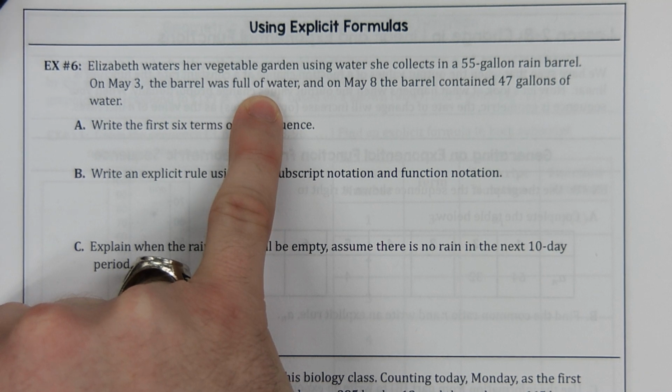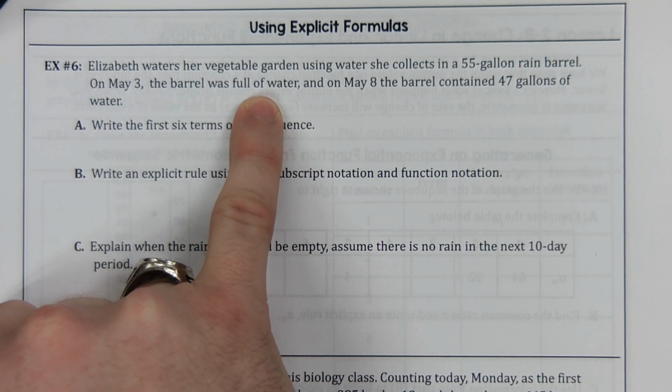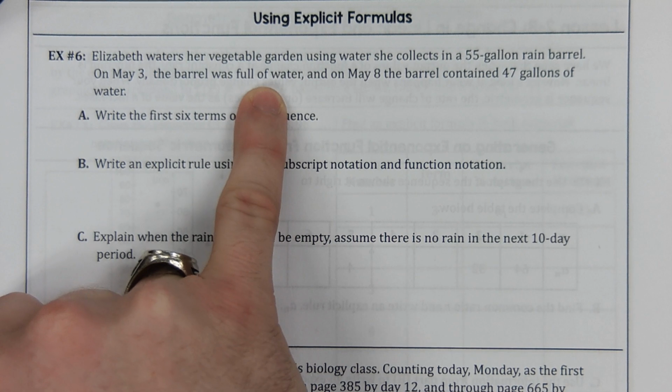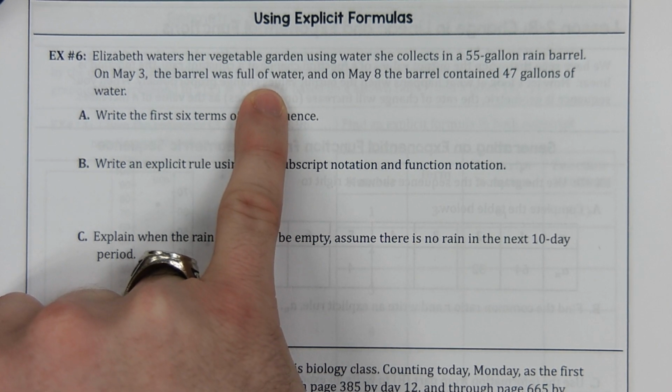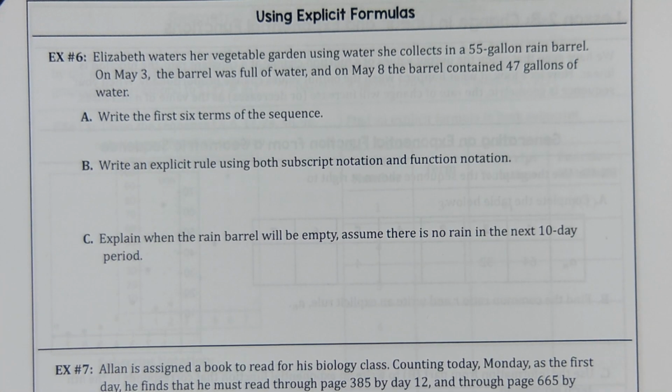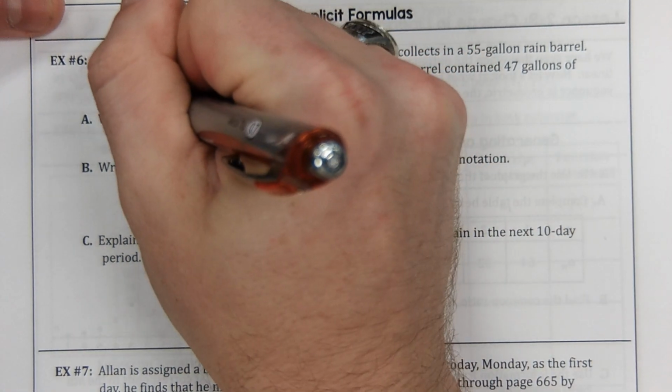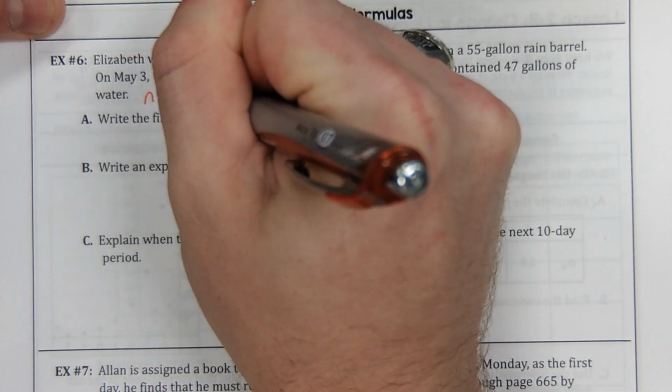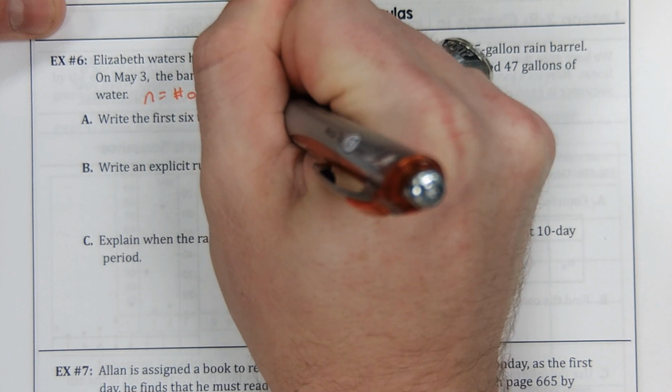It's just how you define it. Again, open to interpretation a little bit. So I'm letting you know how I'm going to work through it. That doesn't mean it's the only way to do it. It just means that it's the way that I want to do it. And it actually makes the numbers easier to work with if you do it that way. So I'm going to say N equals the number of waterings.